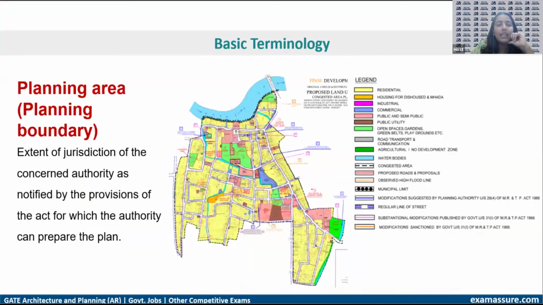Then coming to planning area or planning boundary. What do we understand by a boundary? Can anybody tell me? Is everybody comfortable with Hindi also?